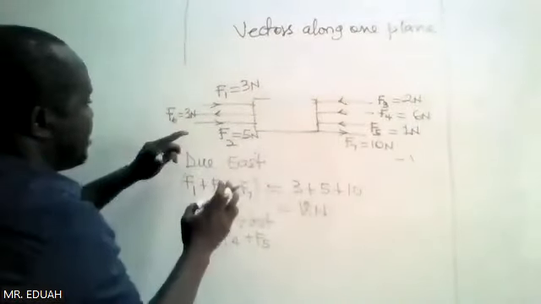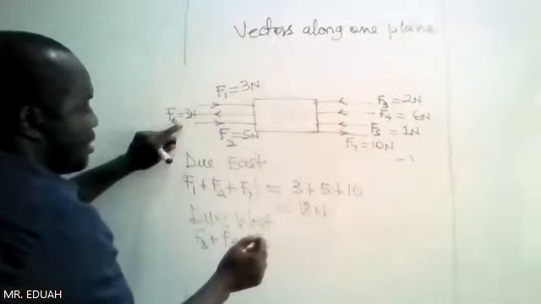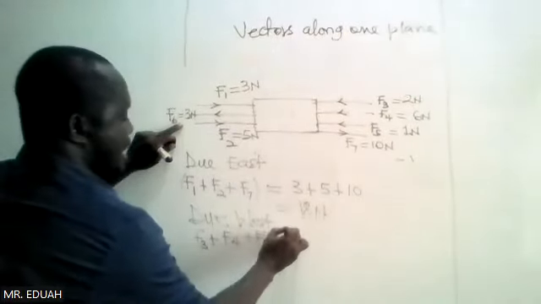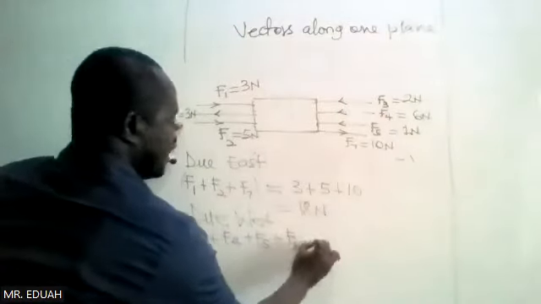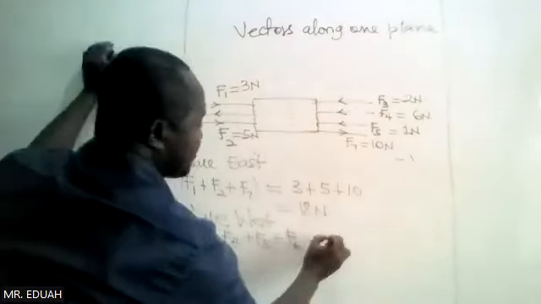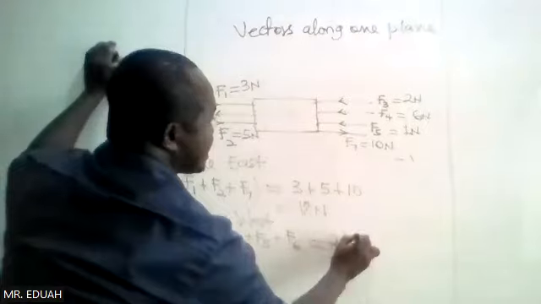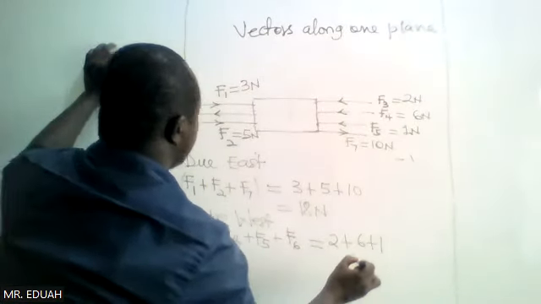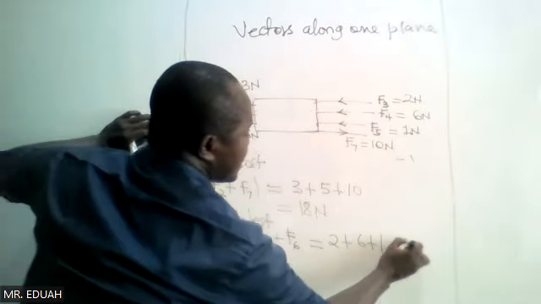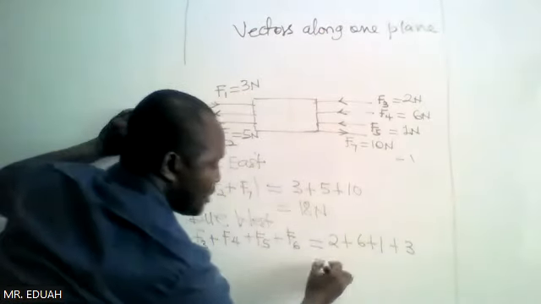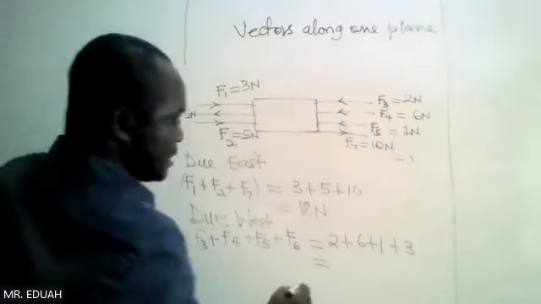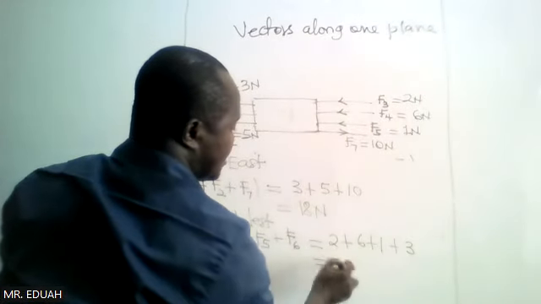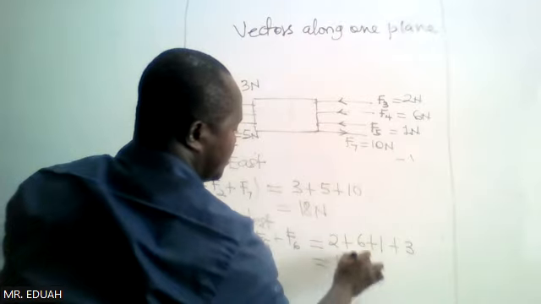And when we come here, we have F6, so plus F6. Let's put in the values. We have 2 plus 6 plus 1 plus 3. This totals, this is 7, 9, 12.